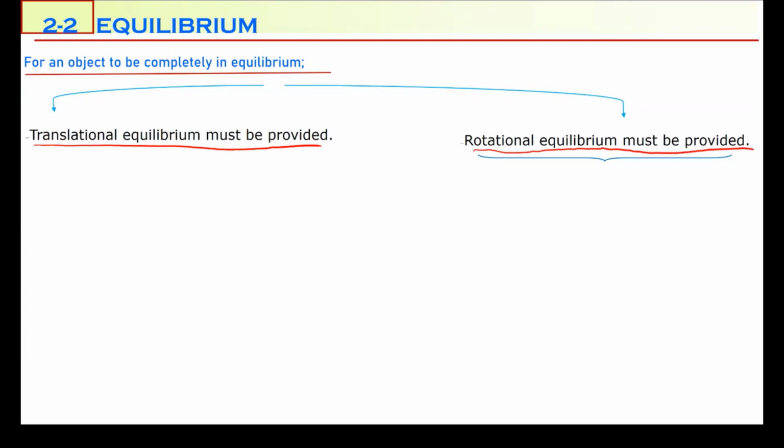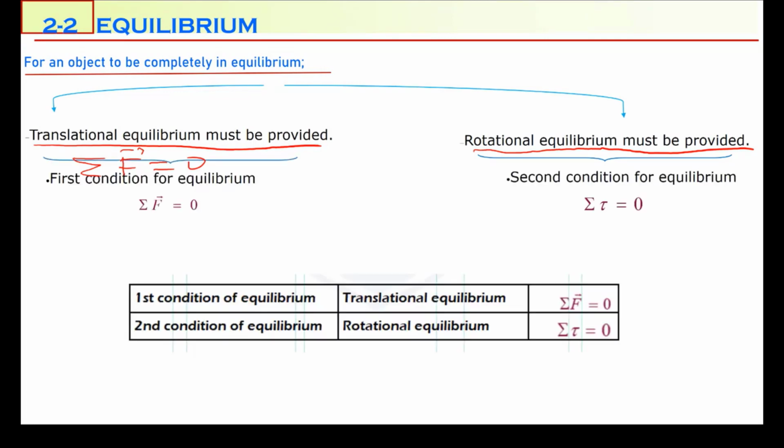Translational equilibrium, we know the sum of the forces acting on the object must be equal to 0, and rotational equilibrium means the sum of the torques acting on the object must be equal to 0. This is sometimes known as the first condition of equilibrium, and rotational equilibrium is sometimes known as the second condition for equilibrium.